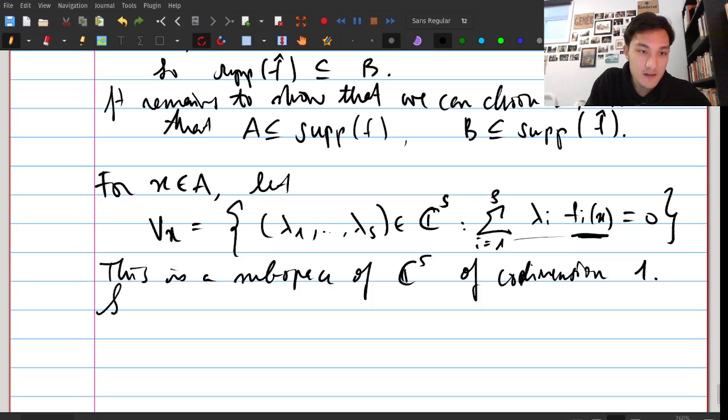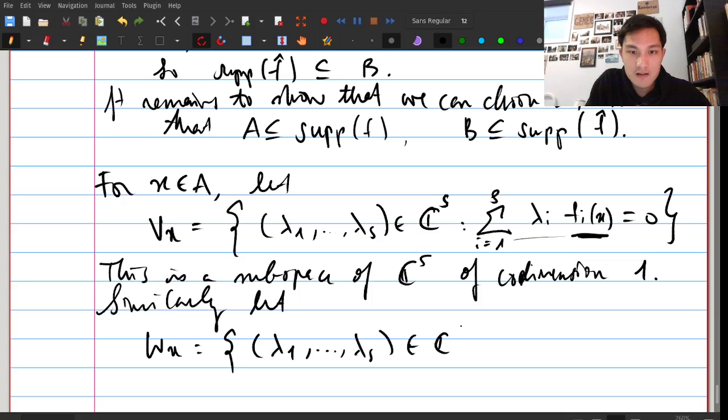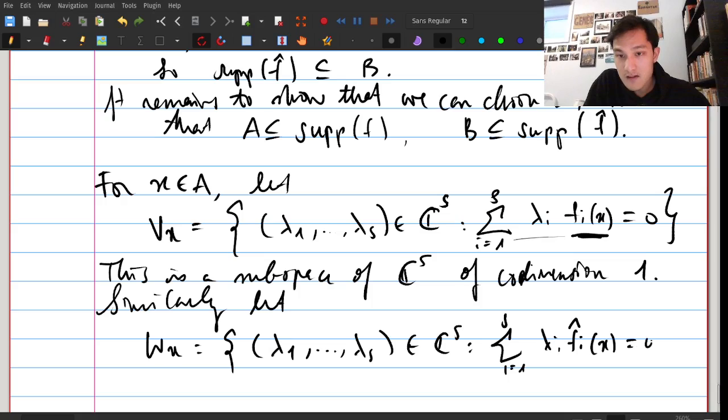Similarly, let W_x be the set of all lambda 1 up to lambda s in C^s such that the sum for i equals 1 to s of lambda i f_i hat of x is equal to 0.